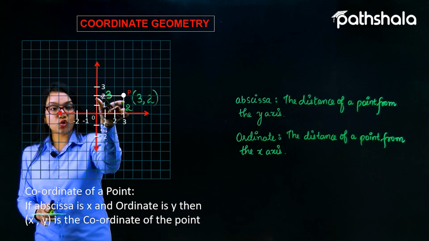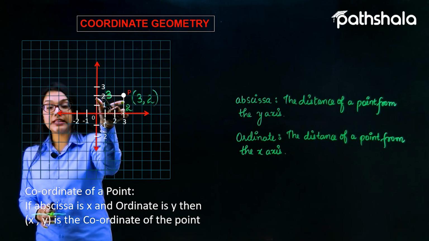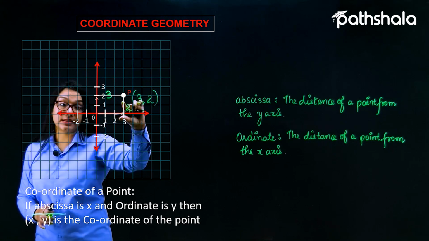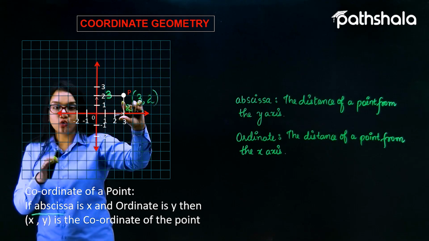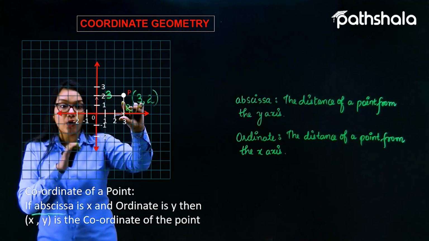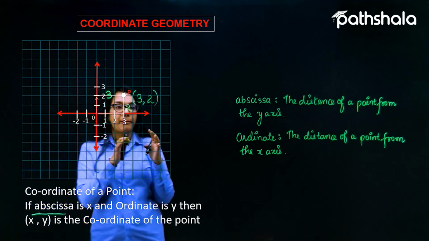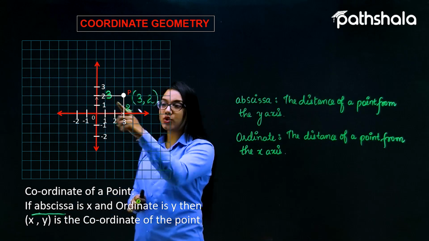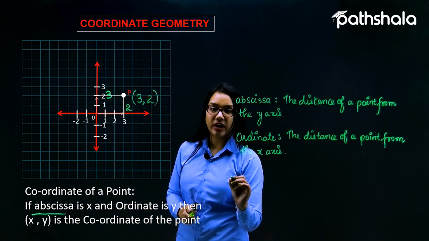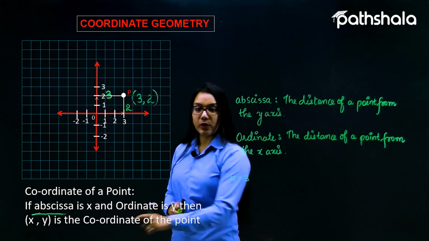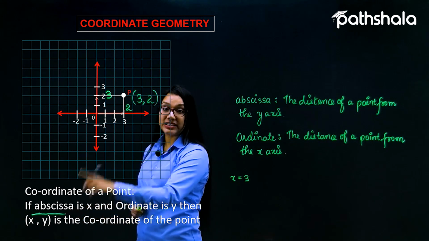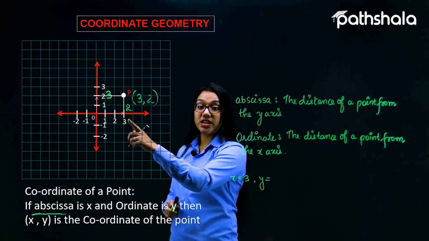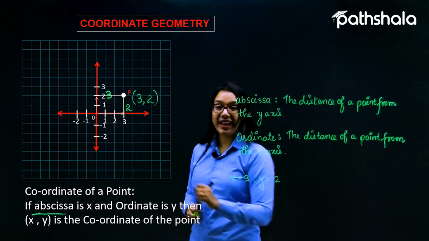Abscissa means the distance of the point from the y-axis. Ordinate means the distance of the point from the x-axis. When these two, abscissa and ordinate, are written together under a bracket in the formation of x comma y, x over here is 3 because the abscissa is called x, and y is 2 because the ordinate is 2.